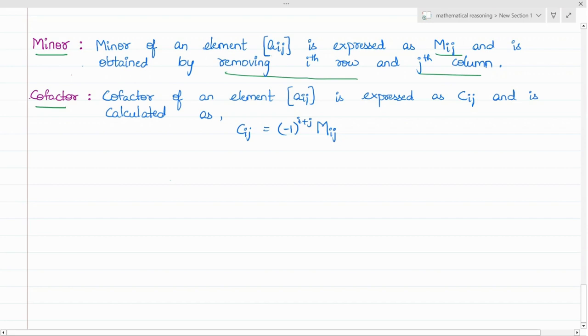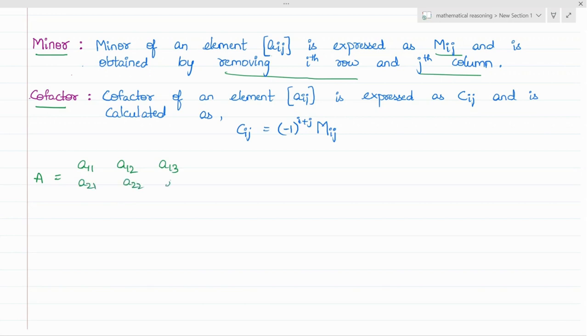For example, if a matrix A of order 3 cross 3 is given, that is A11, A12, A13, A21, A22, A23, A31, A32, and A33. So this is a matrix of order 3 cross 3.